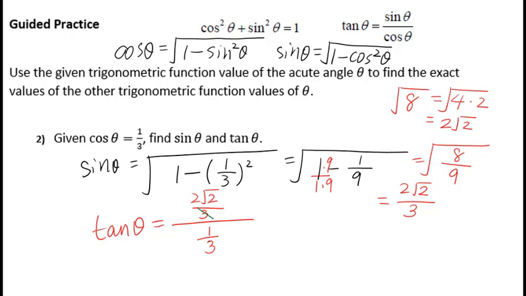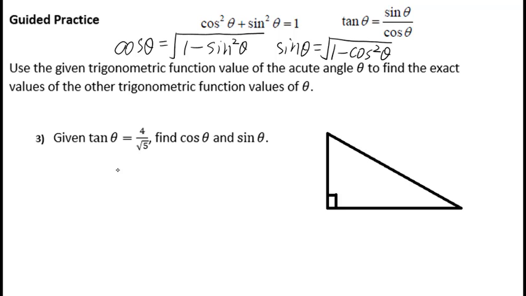For both denominators, you can reduce. So your answer is 2 square root of 2. Let's go to number 3. Given tangent theta equals 4 over square root of 5, find cosine theta and sine theta. For this right triangle, suppose this is theta.